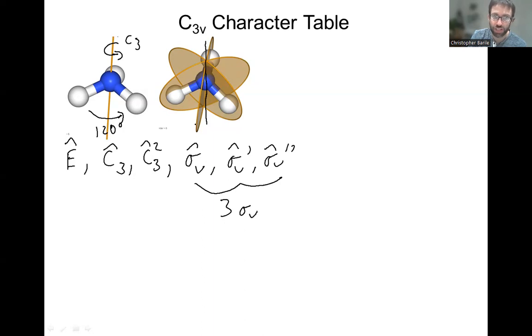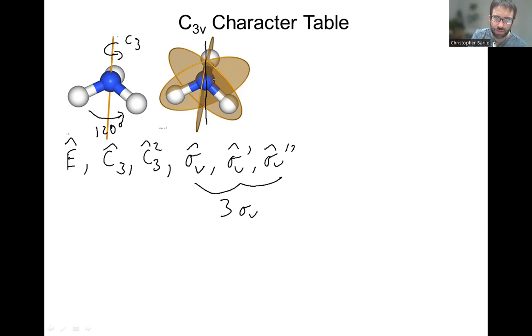For example, this mirror plane right here is going to keep the nitrogen and one hydrogen unchanged because they're within the mirror. It's going to take this hydrogen and put it here, and this hydrogen and put it there. Those hydrogens are looking at each other in the mirror. All the other mirror planes are similarly just going to swap 2 hydrogens.